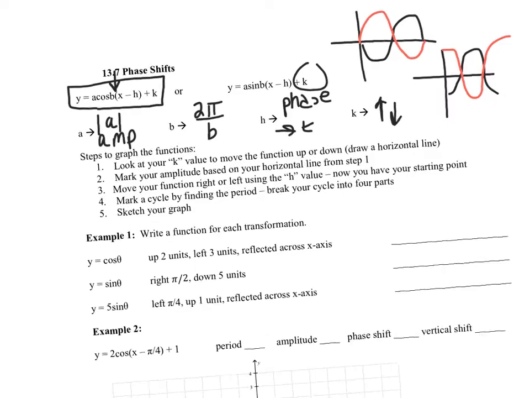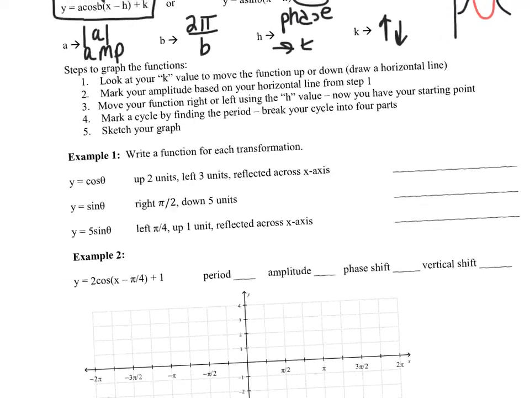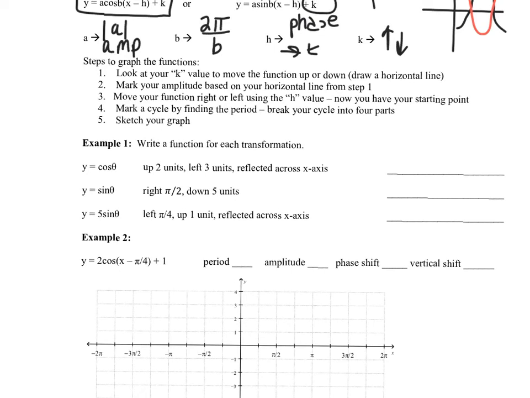So before we start sketching graphs, write a function for each transformation. You're going to take this cosine function, move it up 2, left 3, and reflect it across the x-axis. Because it's been reflected, it's going to be a negative, and it doesn't specify that the amplitude has been changed.